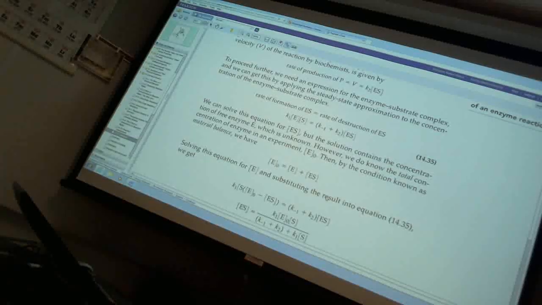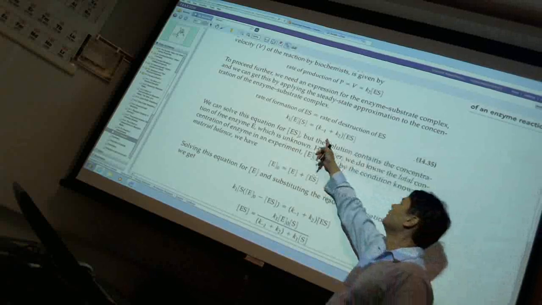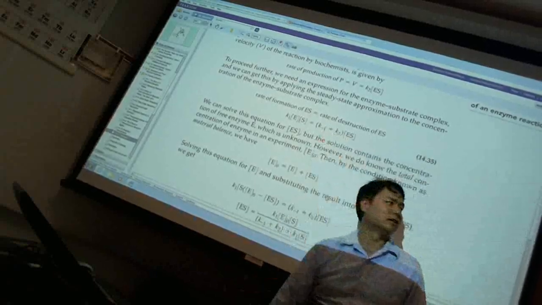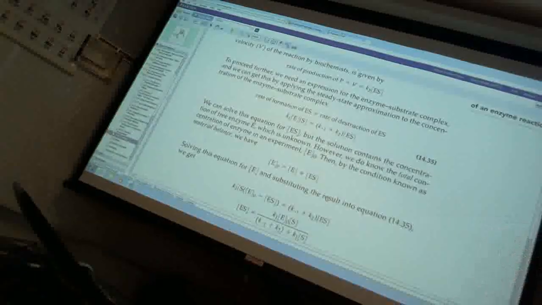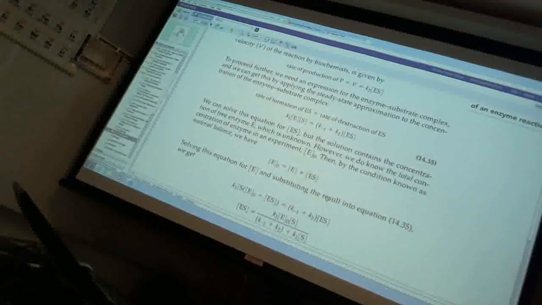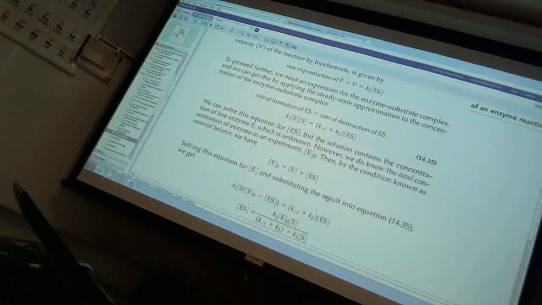You can see in 1435, what they did was they just factored out the ES. Do the same thing. We factor out the ES. We get the ES concentration is equal to K1 times the E concentration times the S concentration over K minus 1 plus K2. Right?